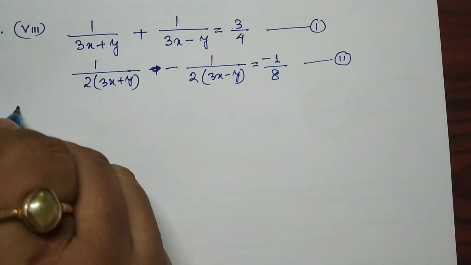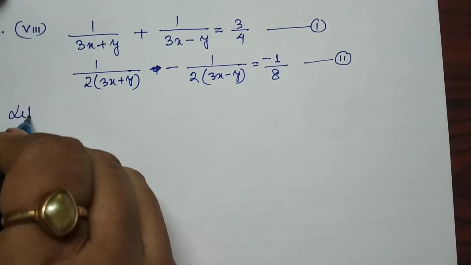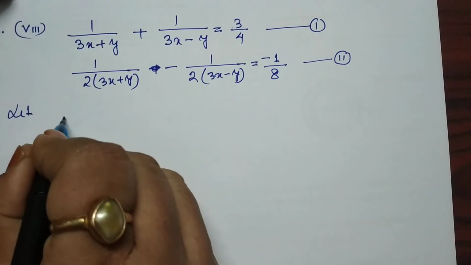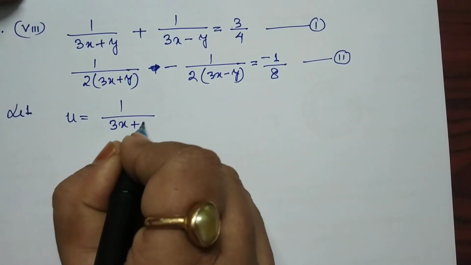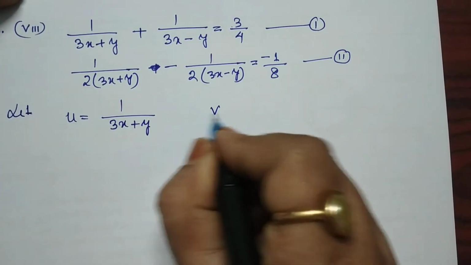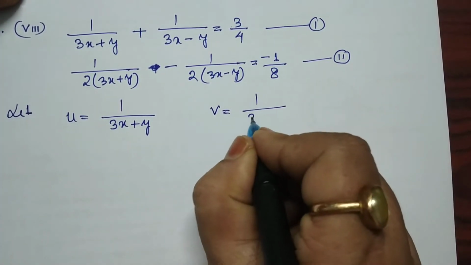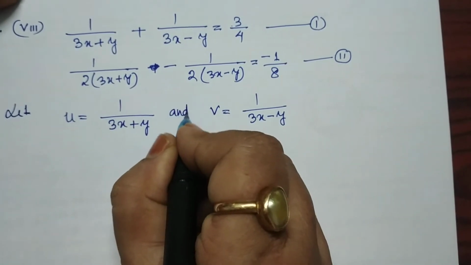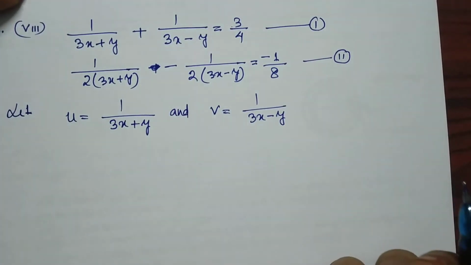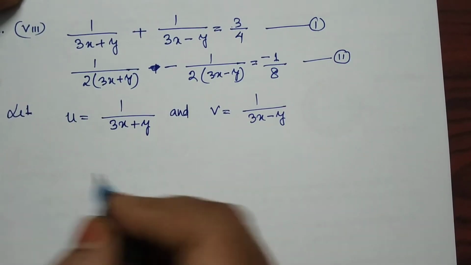Let u be equal to 1 by (3x plus y) and v be equal to 1 by (3x minus y). You can take any variables here: p, q, u, v, a, b, any one.